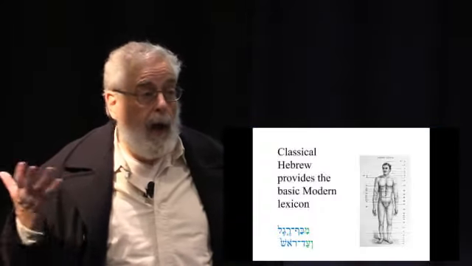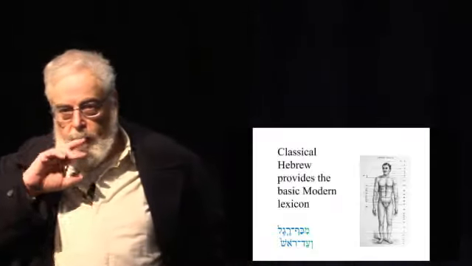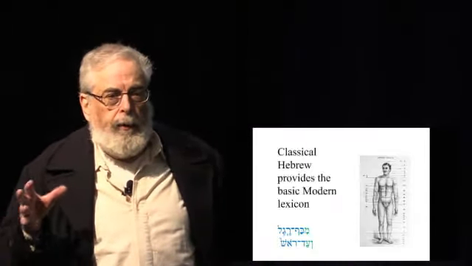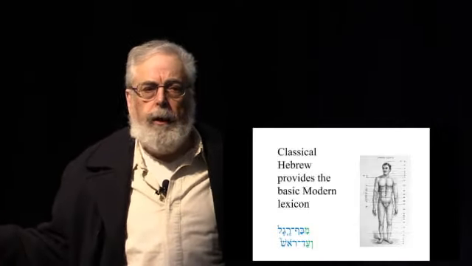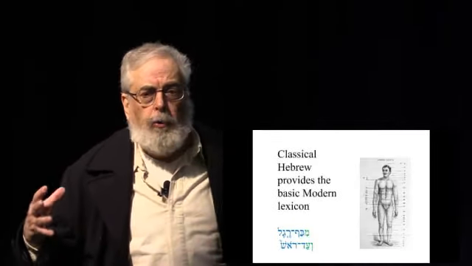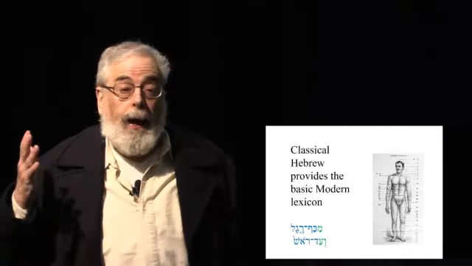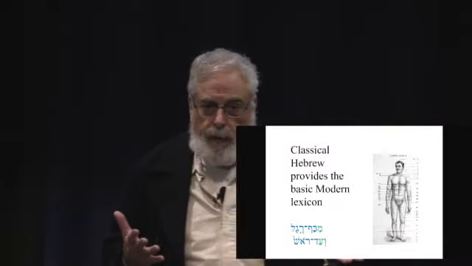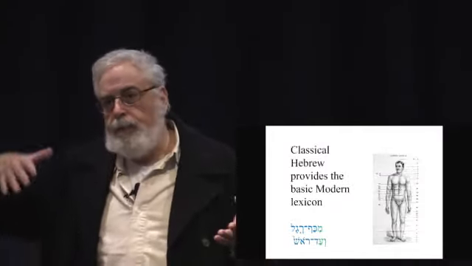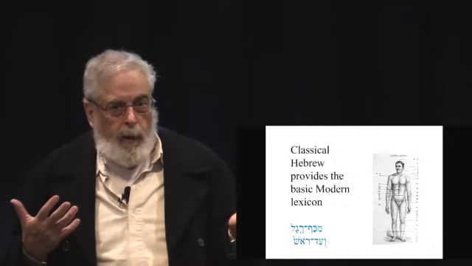You can ask, how can this happen? First of all, we know we don't need so many words. Languages are large, but most of what we need for life is not so large. And the Bible is a book about life. It's not about abstract things. It tells stories about people.